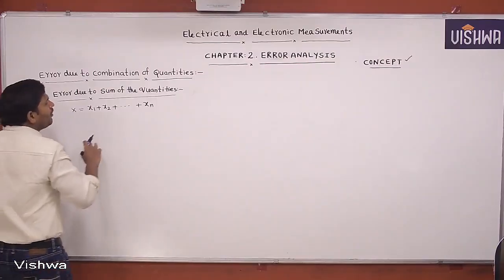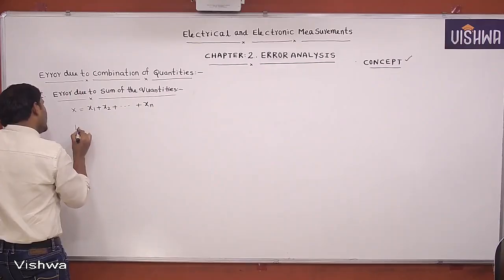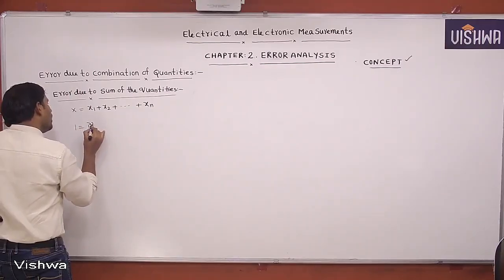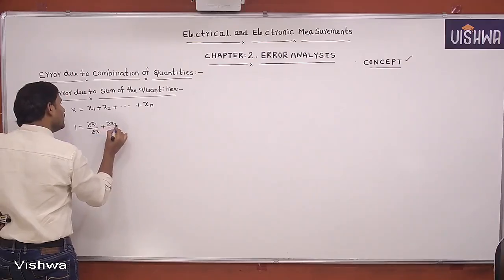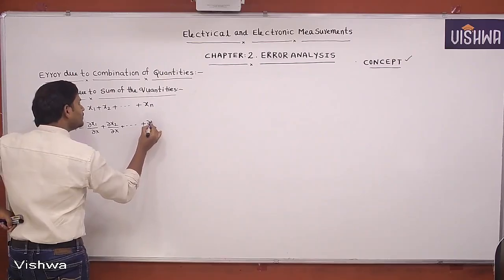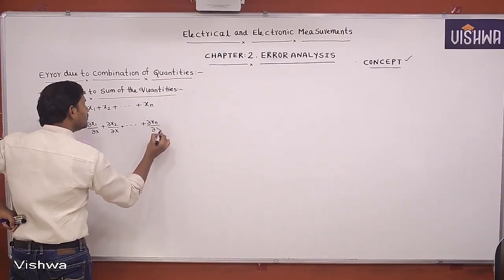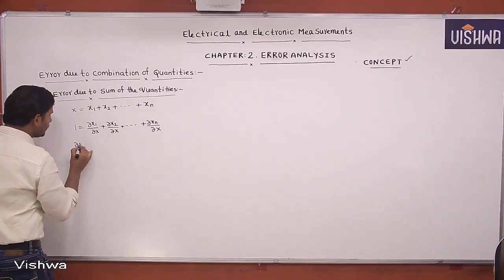Now partially differentiate both sides with respect to x. Then 1 equals the partial differentiation of the right side with respect to x. Simplify this.